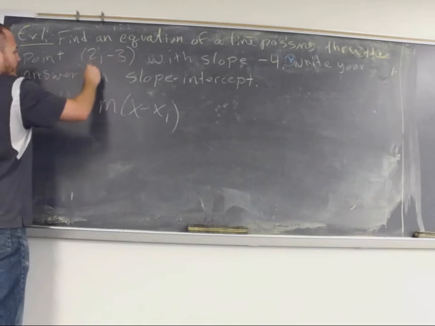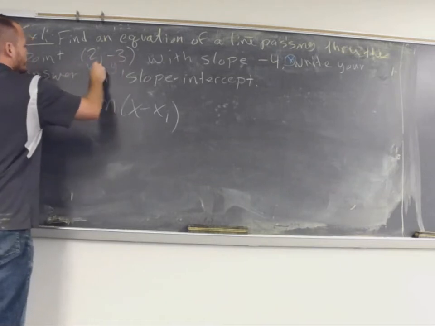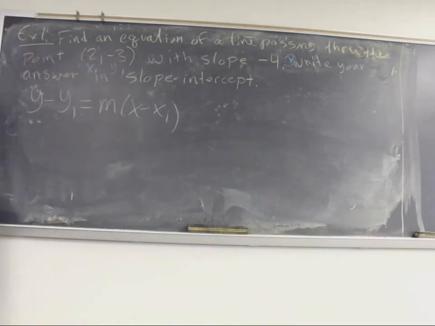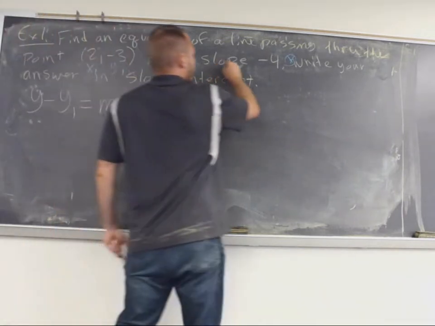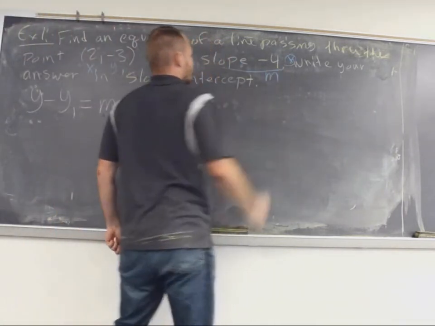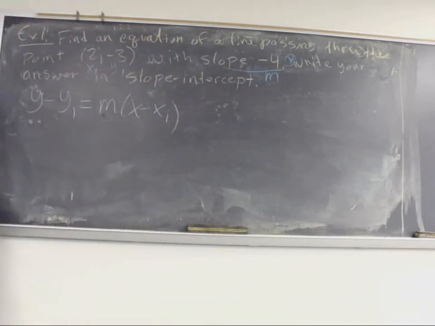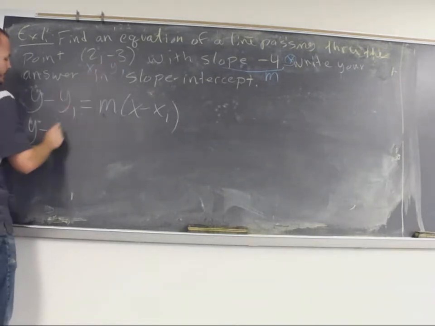Those can be my x1 and y1. And then I need an m. M is my slope, and it tells me right here. So -4 is my m. So now let's just plug those in. This y stays y, and we're going to leave it y. Nothing's going to get plugged in there. y1, we said, was -3.